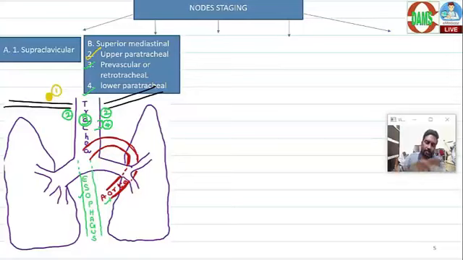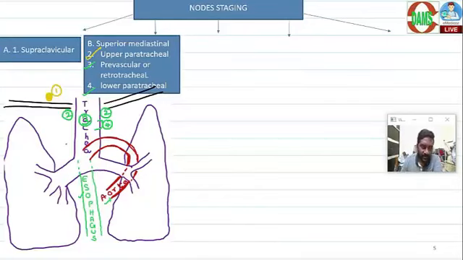So there will be a group of lymph nodes before the trachea and behind the trachea. These can be involved. When it is involved, we have to say the number 3 category of lymph nodes have been involved.